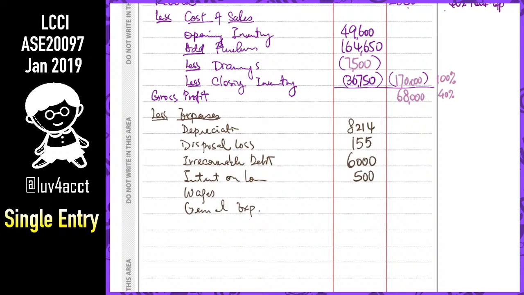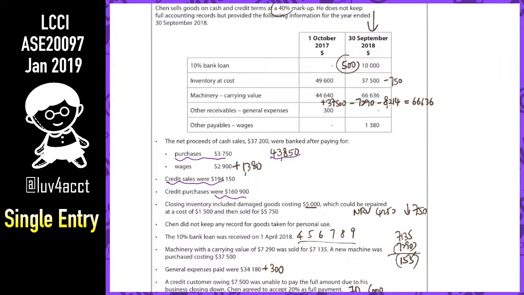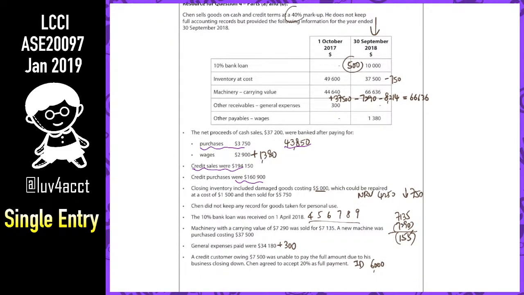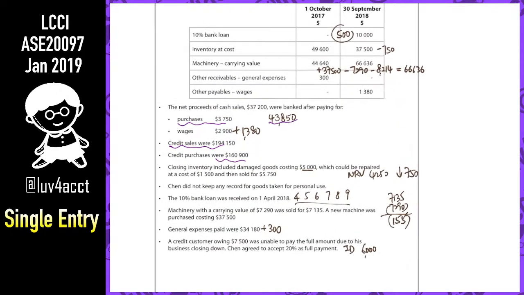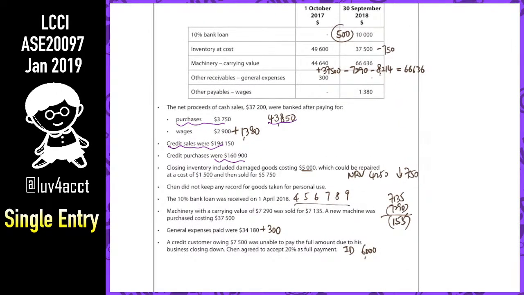Wages and general expenses. Wages 29,000 plus 1380. Okay, nothing else. 4280. General expenses.